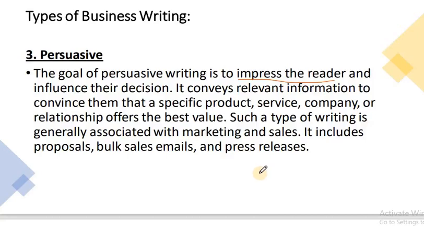You see, this type of writing is generally associated with the marketing and sales department, which includes proposals, bulk sales emails, and press releases. They are persuasive business writing, written in order to impress the reader and influence decision making.